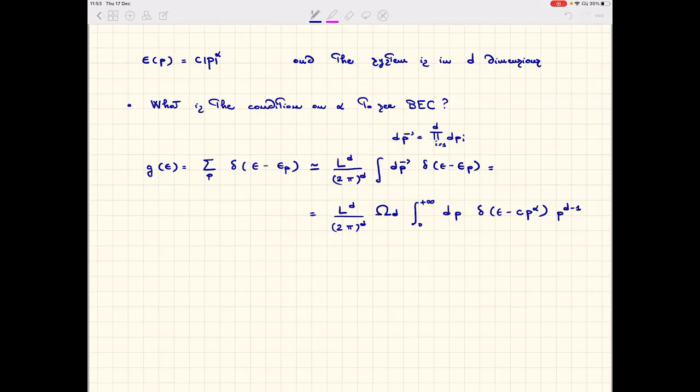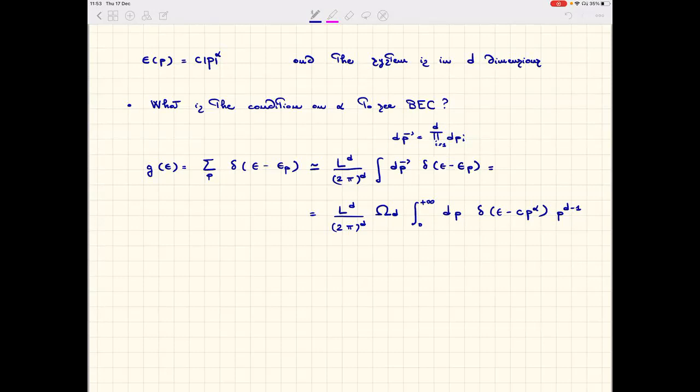In order to compute this integral, what should I do? Change of variables.